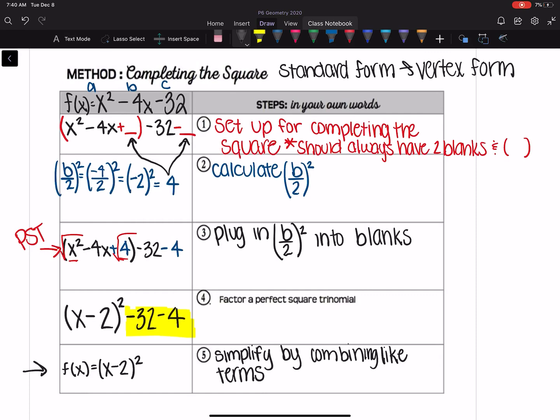I've got my factored trinomial here, and then negative 32 minus 4 gives me negative 36. So like I said, our end result in completing the square gets us to the vertex form of this quadratic function.